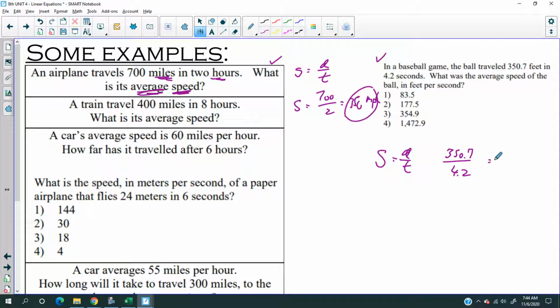They're not even asking us to change this to miles per hour, which is interesting, because in baseball it's usually miles per hour. So let's say 83.5 feet per second. And that's it. That's how you do these sort of questions.